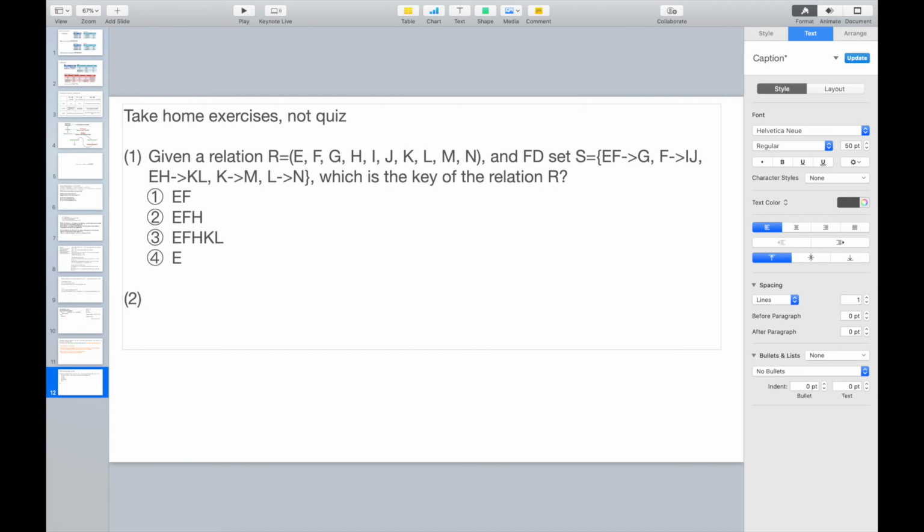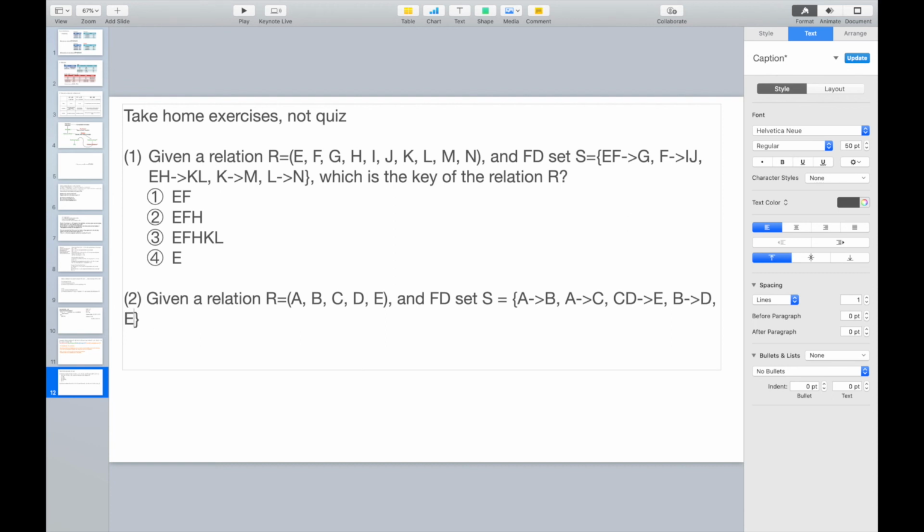The question is like this: given a relation R, it covers multiple attributes A, B, C, D, E, and we have FD set S equals to A implies B, A implies C, CD implies E, B implies D, E implies A. Let me check these FDs: A implies B, A implies C, CD implies E, B implies D.